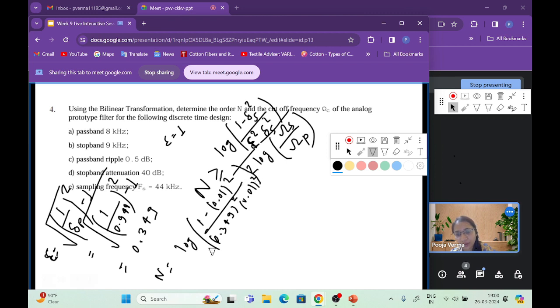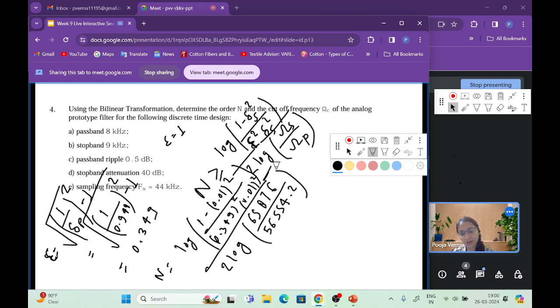Okay, and that is divided by 2 log omega s divided by omega c. Omega s we have calculated as 65,876 and omega p is 56,554.2. Now we need to calculate these values.